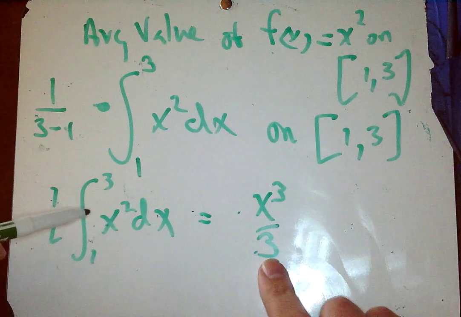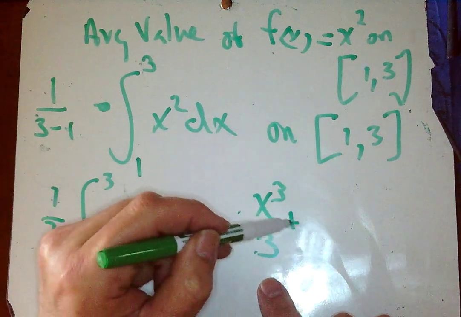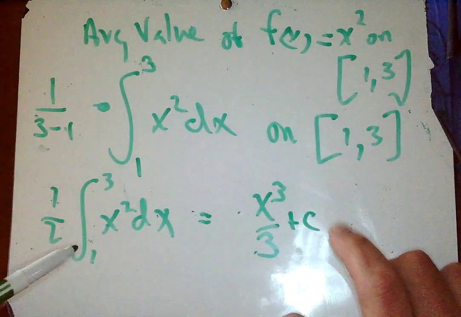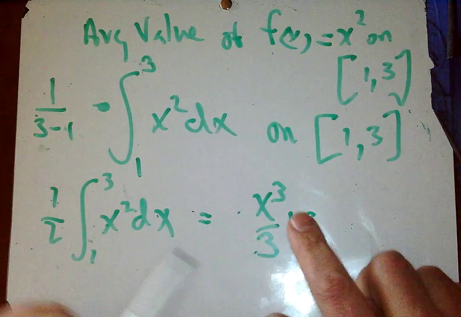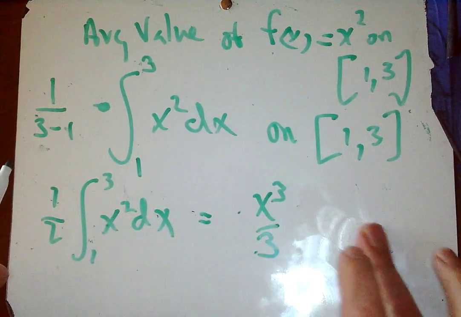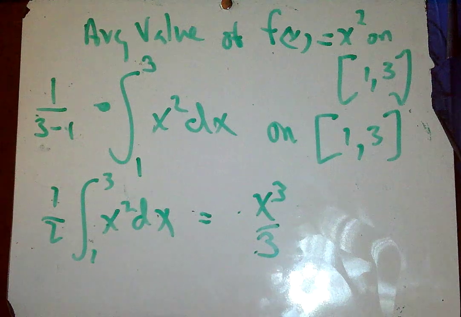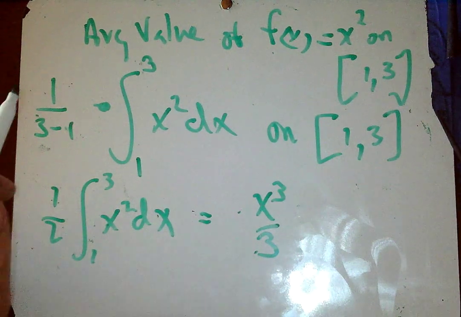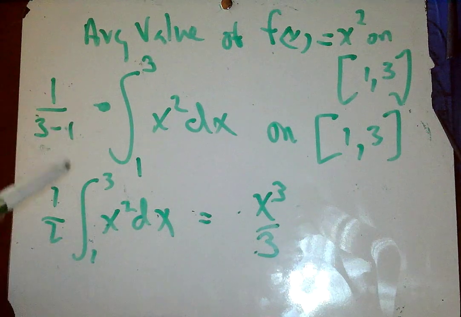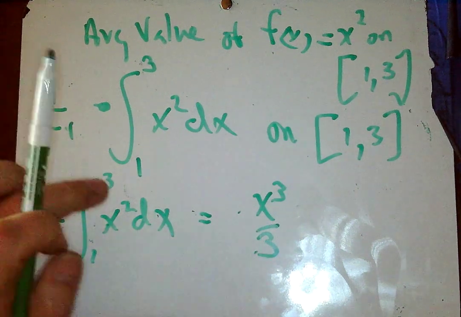Okay, so I know that this is my antiderivative, and I feel like putting a plus c, but wait, I only have to worry about plus c in indefinite integrals, i.e. no boundaries.